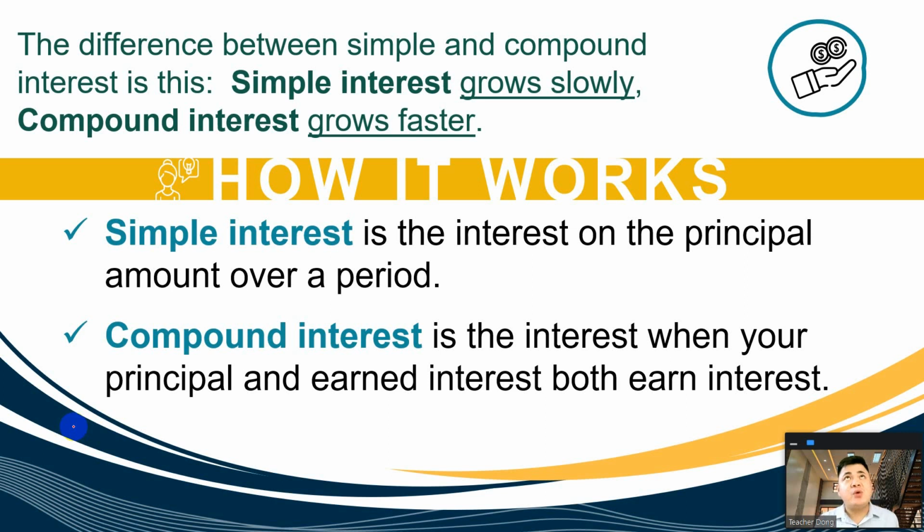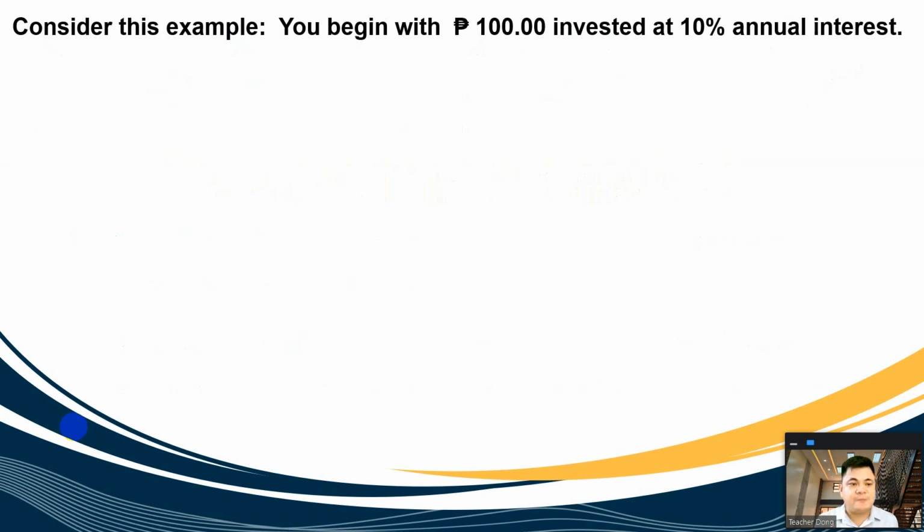That's why it's not practical when you borrow money, because the interest is quite higher than the simple interest. But if you invest your money in a bank or a business, compound interest is an advantage for you because you will earn quite higher money after a period of investment.